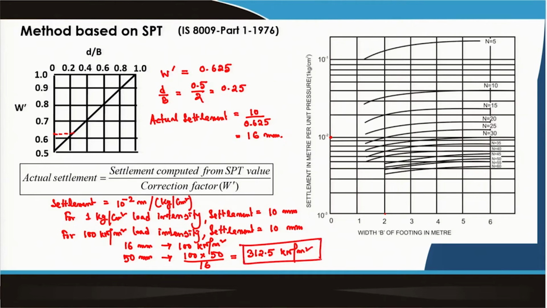So, from the settlement consideration, the stress that a foundation can take, such that the settlement of the foundation will be within the permissible limit, is 312.5 kilonewton per meter square. Here the factor of safety will not apply, because this is based on the permissible settlement.